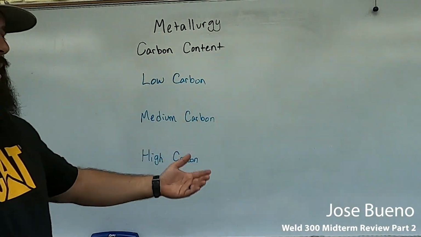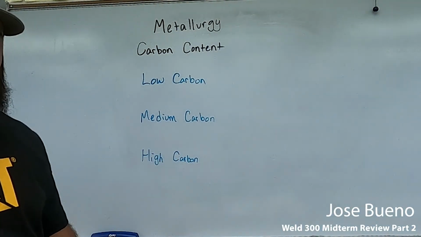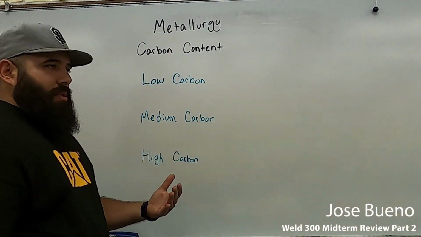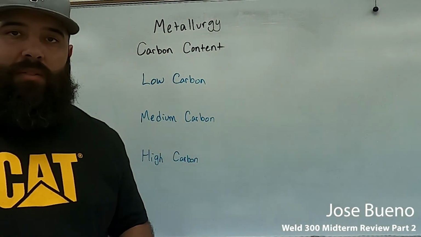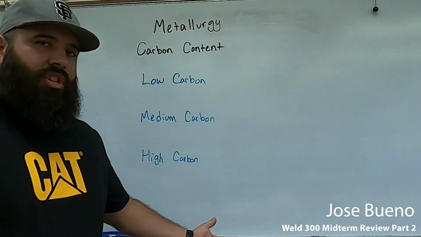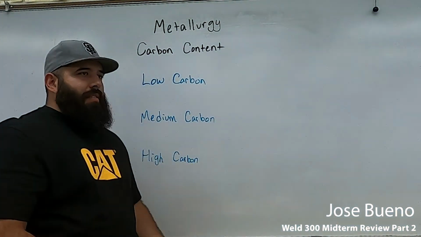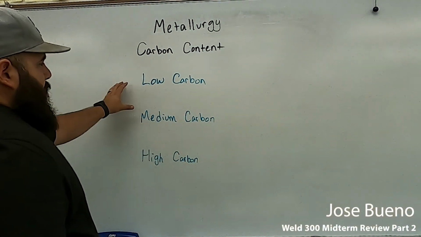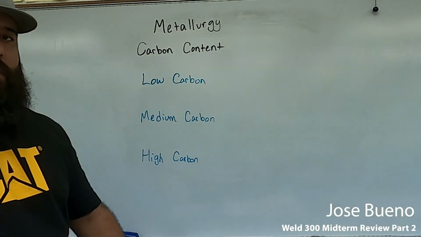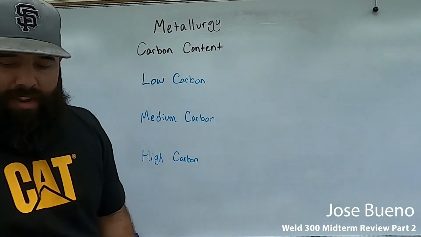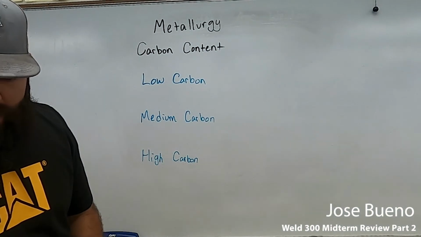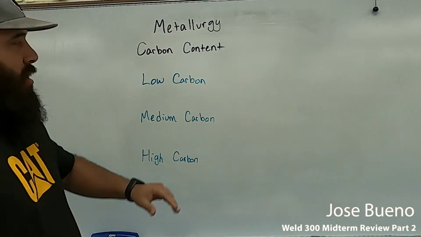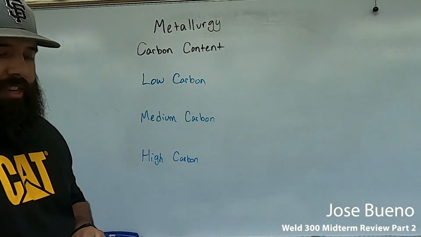Some are used in fasteners like screws, nuts and bolts. And some are used in more like tool steel, drill bits, wrenches, chisels, and you can even think of knives, vehicle frames. Every category of steel is used somewhere in life. And I won't get into that too far. I'm just going to explain the carbon content range for each one of these three types of steel.